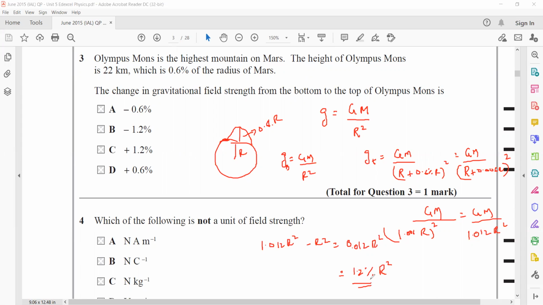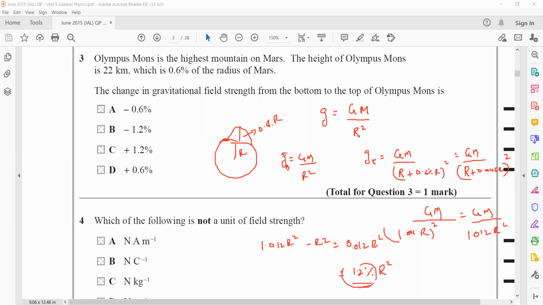So the change in the value of R squared will be 1.2%. So the change in the value of gravity will also be 1.2%, because due to the variation in R squared, the change in the value is 1.2%.